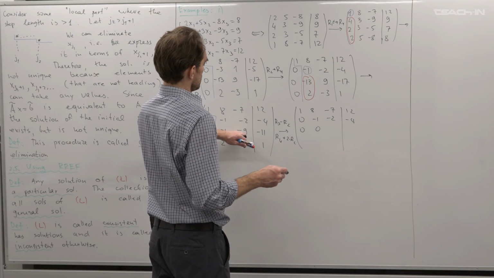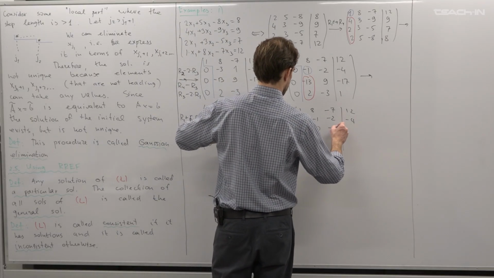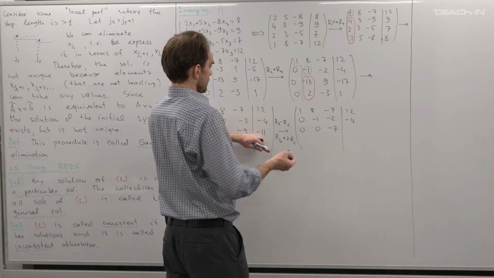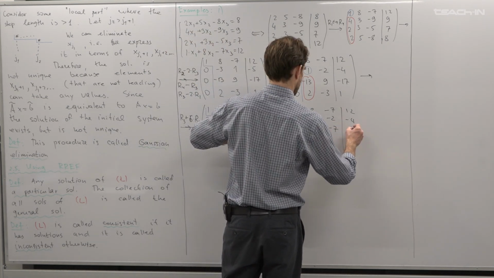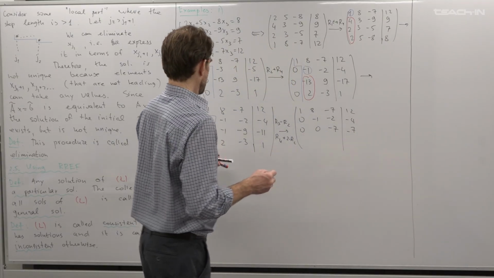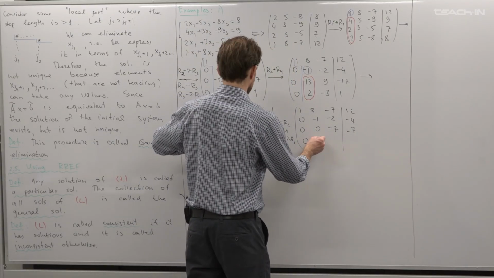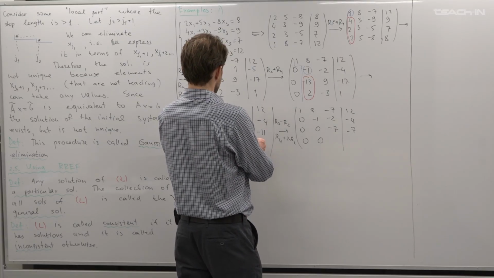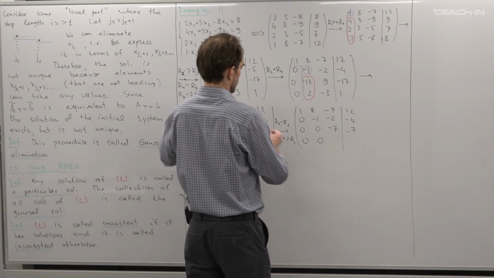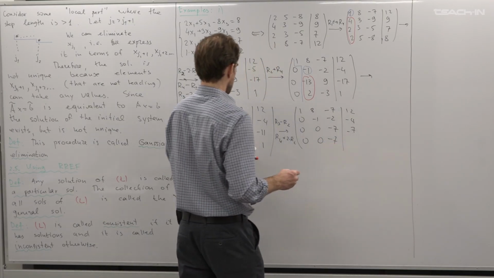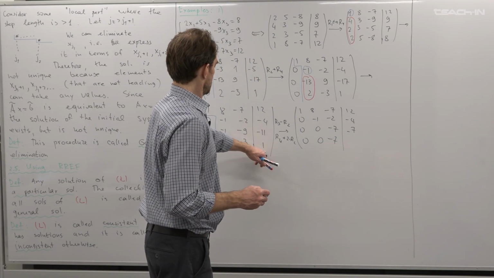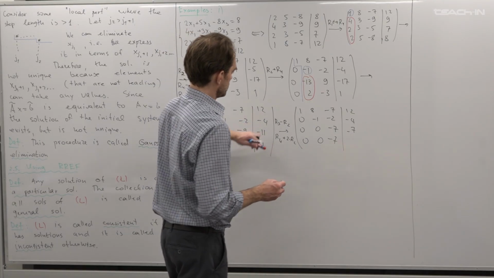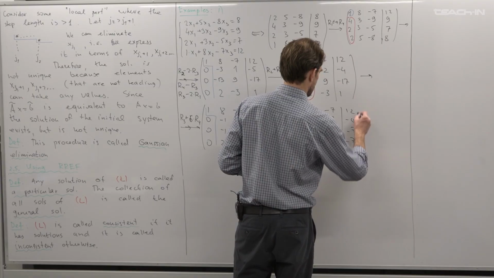Then minus 9 plus 2, minus 7. Then minus 11 plus 4, minus 7 as well. And then here we have 0, 0. Then minus 3 minus 4, minus 7, and 1 minus 8, minus 7.